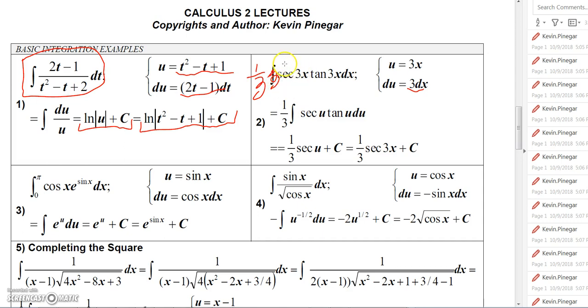So that would leave me with this 1/3 outside the integral, and then the 3 dx here. If you put the 3 and the dx together, that's actually the du, and then the secant 3x and the tangent 3x is actually the secant u tangent u. So when you integrate secant u tangent u, you just get secant u. So we would have 1/3 secant u plus a constant, and then replace u with the substitution. U is 3x, so you'd have 1/3 secant of 3x plus a constant.